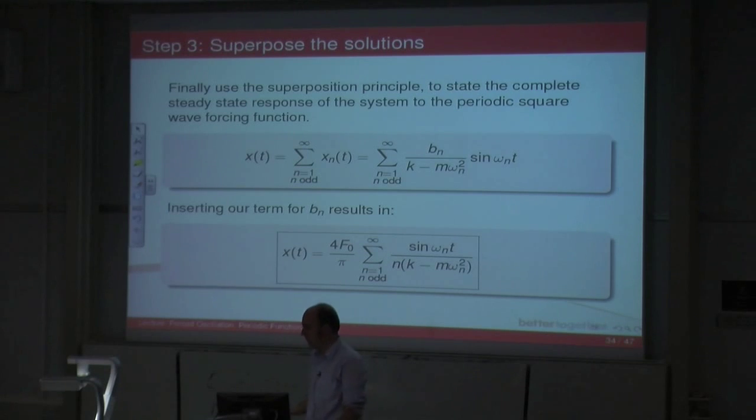And obviously b of n we determined was 4f naught upon n pi. The n has to go under the sum because that changes every time round. Okay, but you have the constant out the front, and there's the solution.